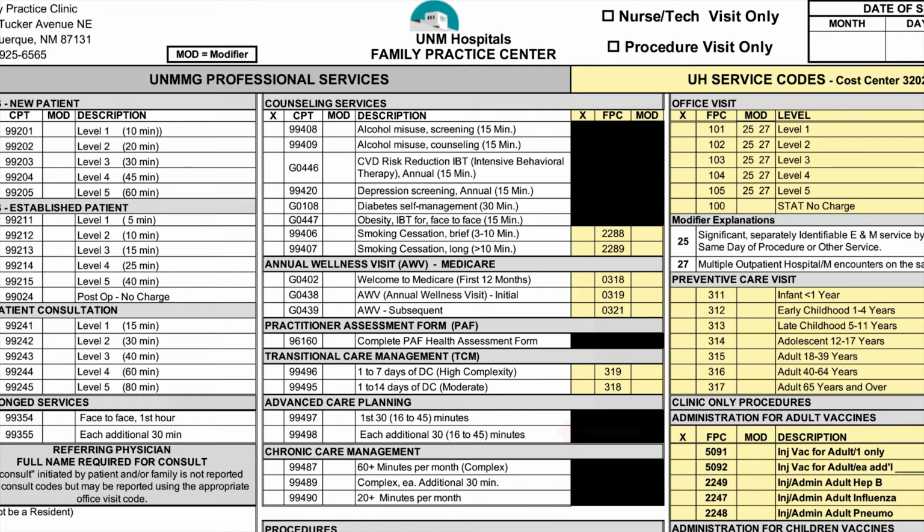Rarely are you going to click this second box, but if you spend an excessive amount of time with an elderly patient talking about advanced care planning and you get to each additional minute after 45 minutes, then you would click the 99498 box.